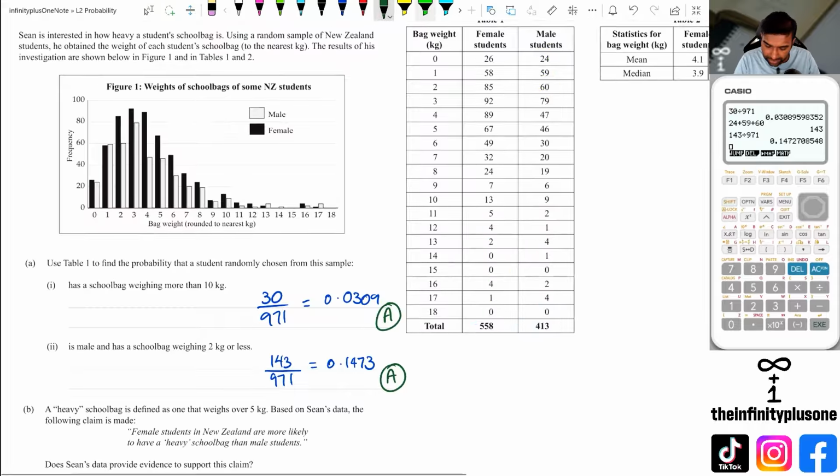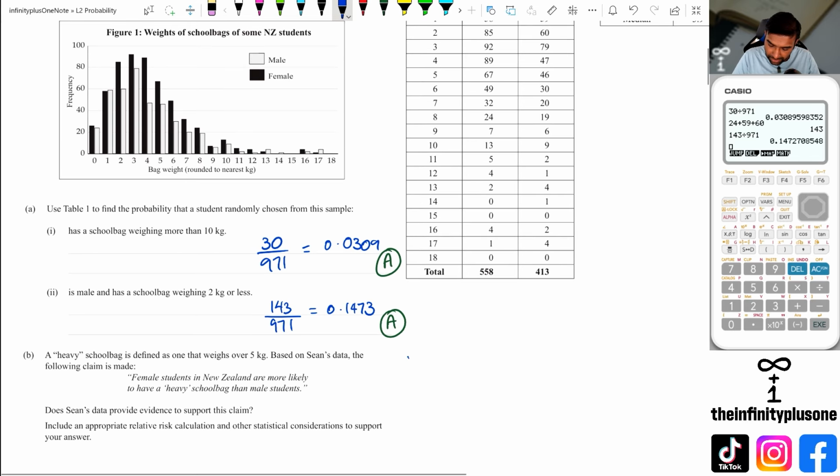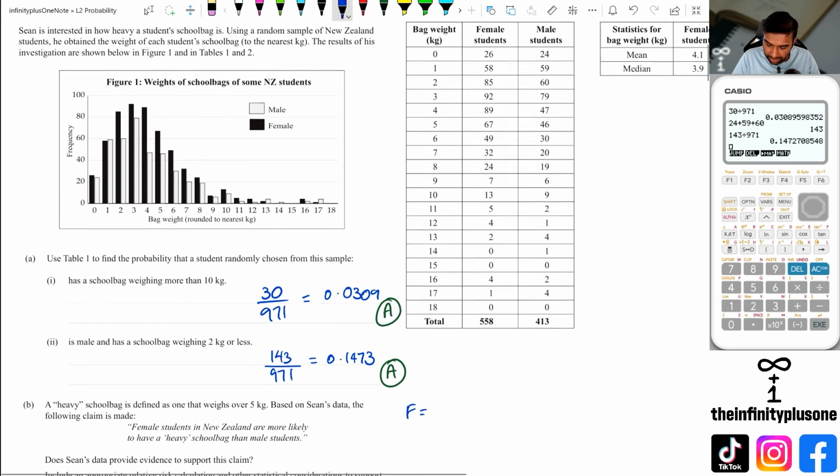So firstly, for over 5 kgs, I need all of these numbers added up. You can sit there and add them up, or what you can also do is something like this. I'm going to look at the females first. We've got 558 females in total. Now I'm going to add up these numbers here, less numbers to add up.